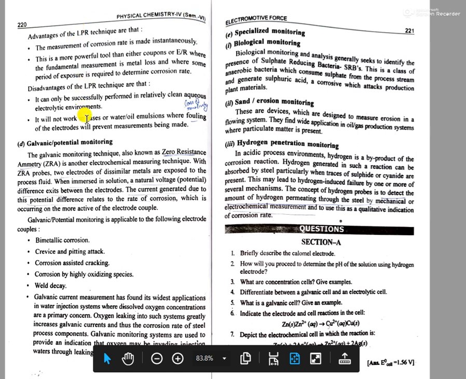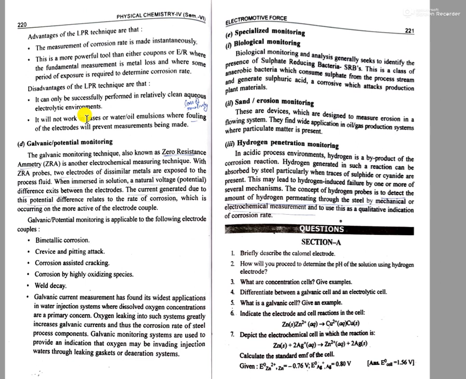So these are the advantages of LPR technique given in your textbook. First is that the measurement of corrosion rate is made instantaneously. So it is instantaneously possible to measure the corrosion rate, and it is a more powerful tool than either of the two techniques which we initially mentioned, that is the Coupon and the ER technique, electrical resistance technique, where the fundamental measurement is metal loss and where some period of exposure is required to determine a corrosion rate.